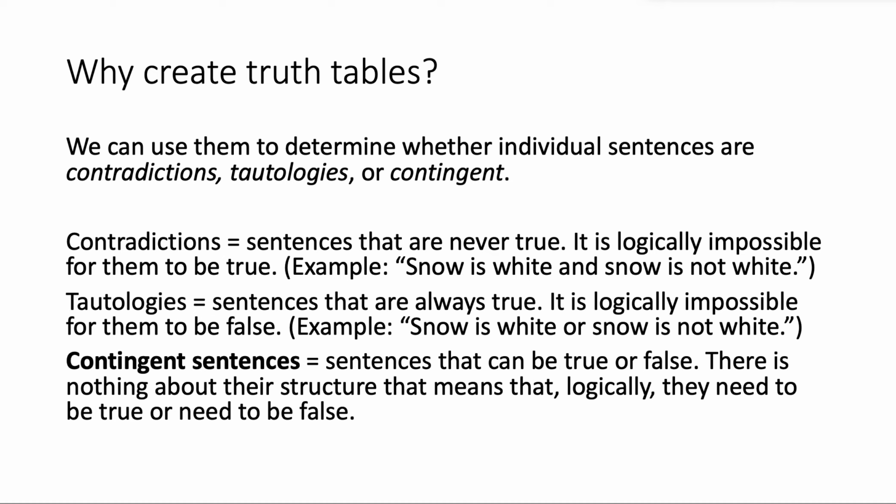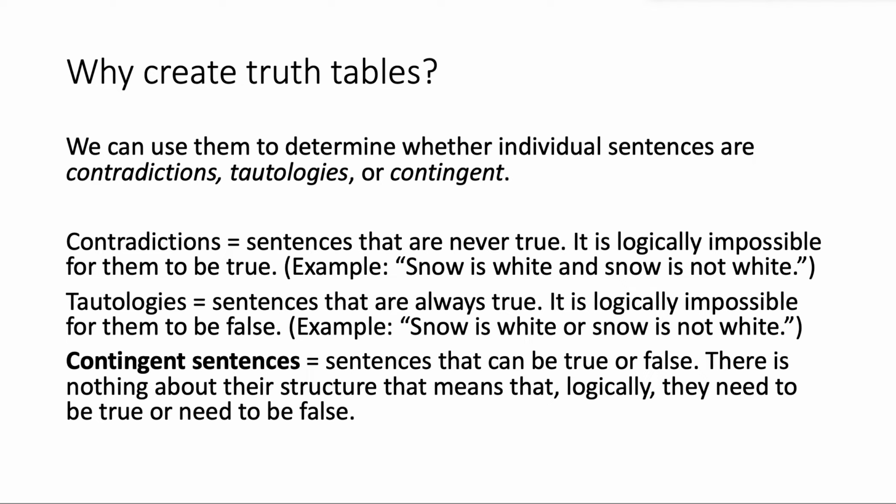And then we have a final category of sentences, and these are contingent sentences. Sentences that can be true or false. There's nothing about their logical structure that means that they need to be true or false all the time. They just depend on the truth or falsity of their parts.